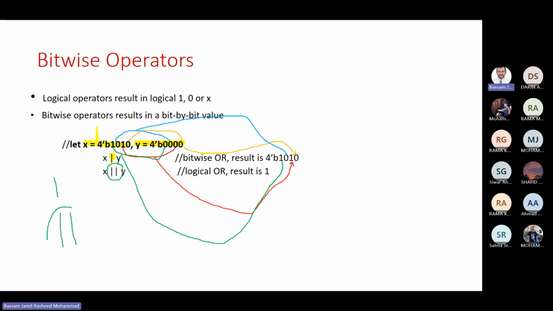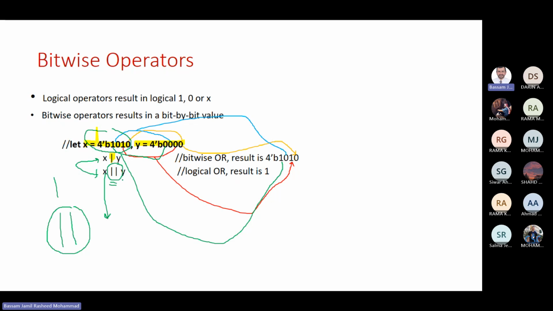This is a logical ORing, and we will study it in the next slide. But what this slide is saying is that this is not the same as this. Because in the logical ORing, I look at X and I see a value. I say, okay, this X is not a zero, then it's a true.